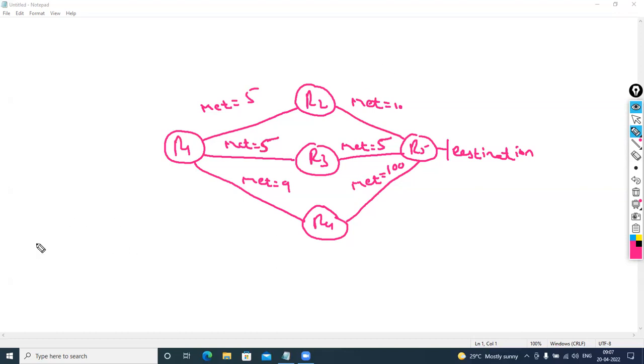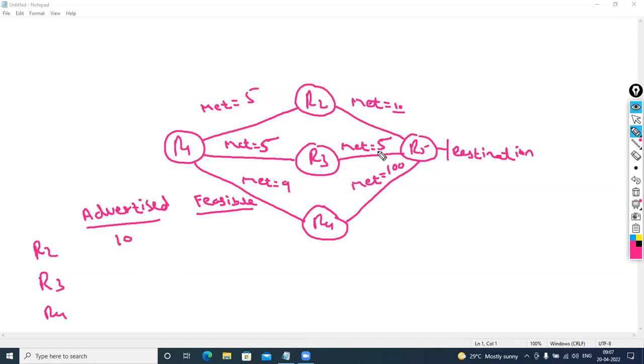No, from R1's perspective. So what is the advertised distance? What is the feasible distance? So from R2, what is the advertised distance?